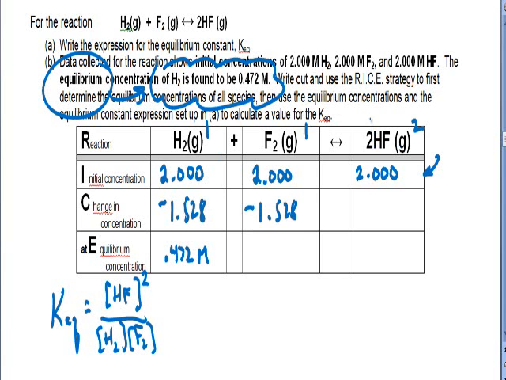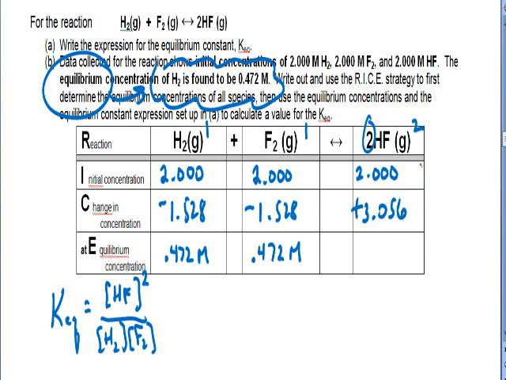However, the HF, because it has a coefficient of 2, would go up by 2 times 1.528, which is positive 3.056, so our equilibrium concentration of HF is 5.056 molar.